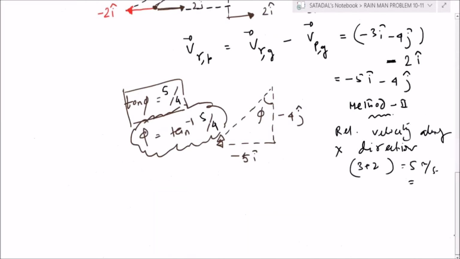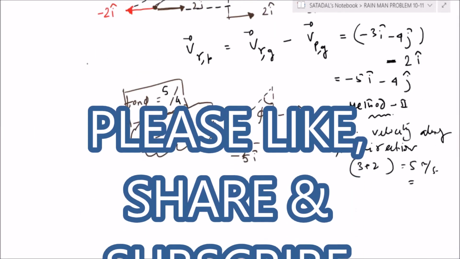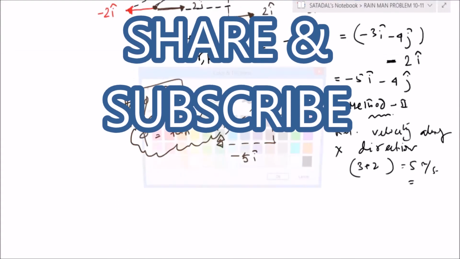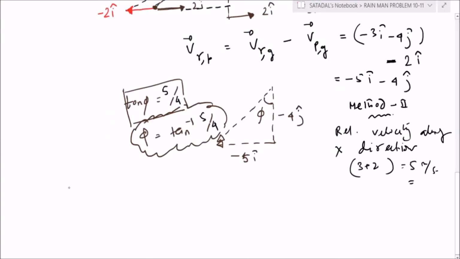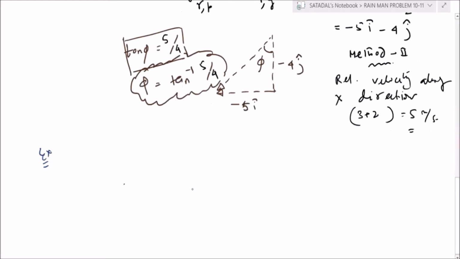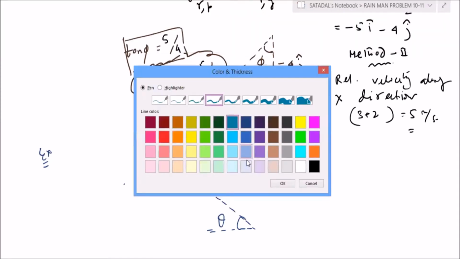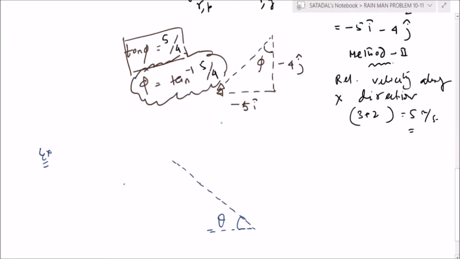So now we are moving on to a different kind of example. Let us say now we are dealing with inclined planes, right? Suppose here is an inclined plane with inclination theta, let us say, and we are assuming that the rain is falling vertically below.